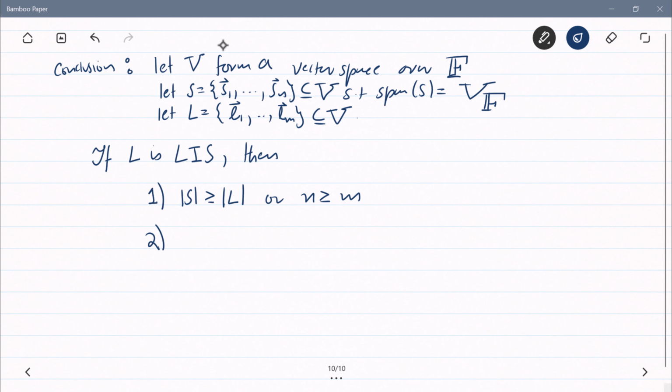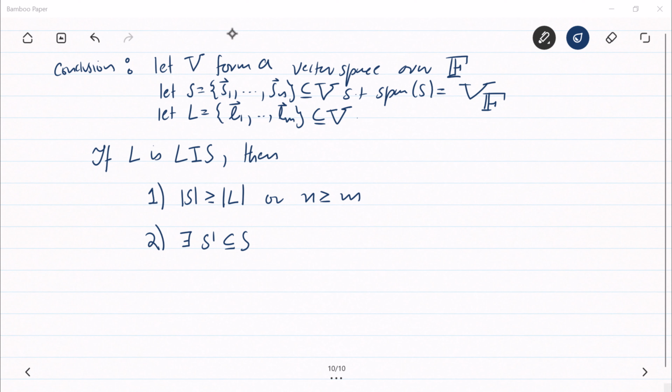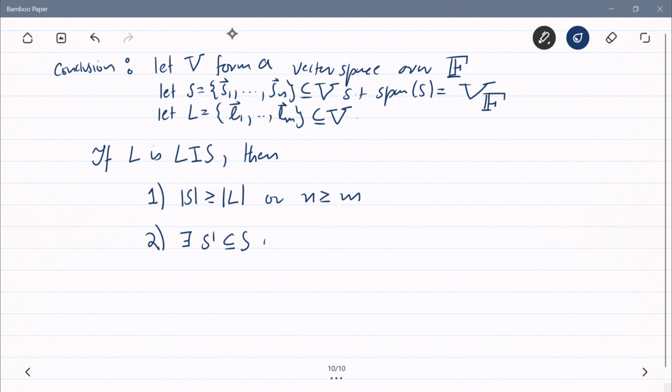And the second part, which is crucial enough, that is, this is S prime, a subset of S with the size of it being the difference of the two, such that the union of it and the linearly independent set can be extended to span the original space.